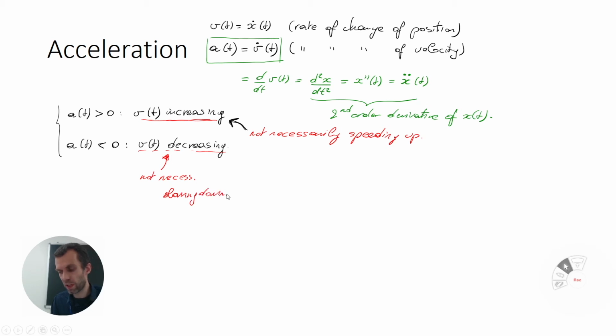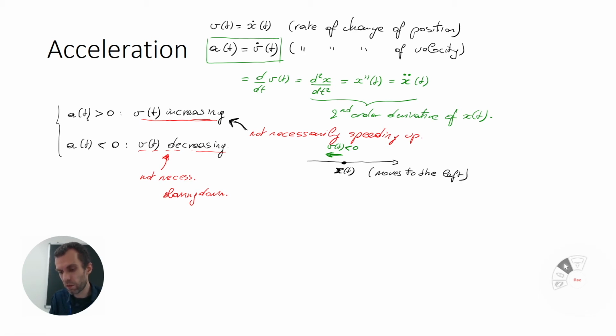And to understand why that is the case, we'll think about a particle x of t with negative velocity. So here v of t is negative. So the particle itself moves to the left.